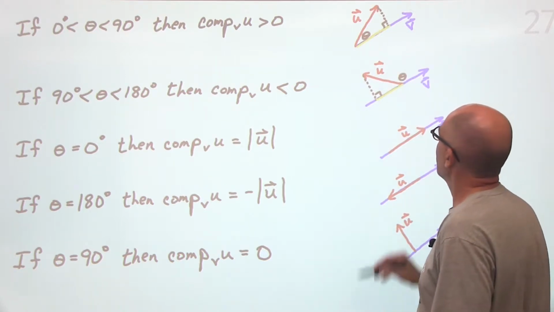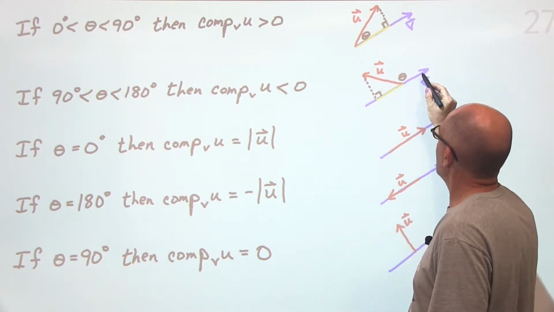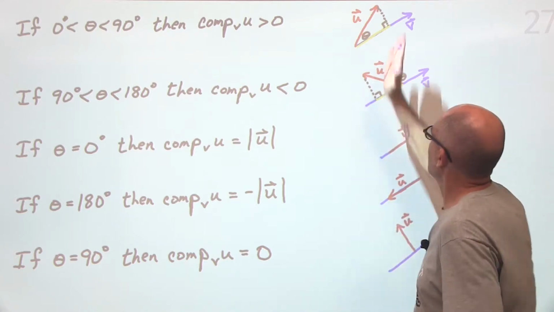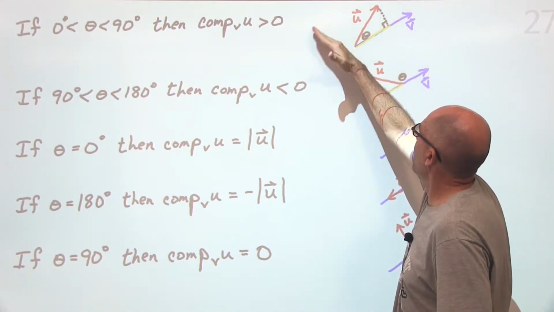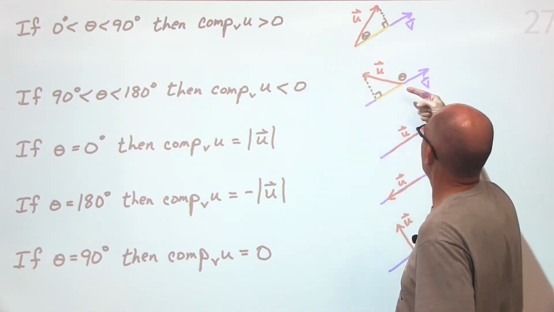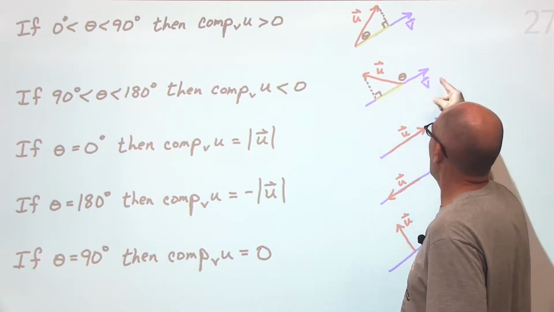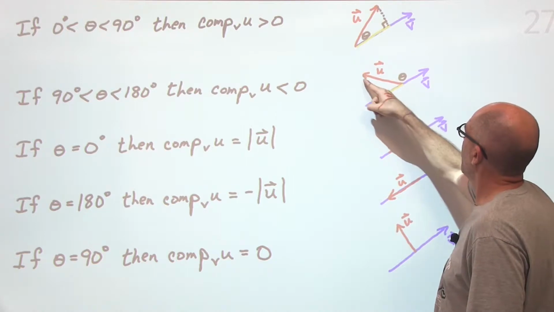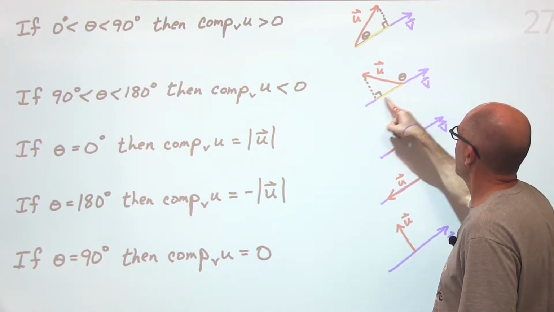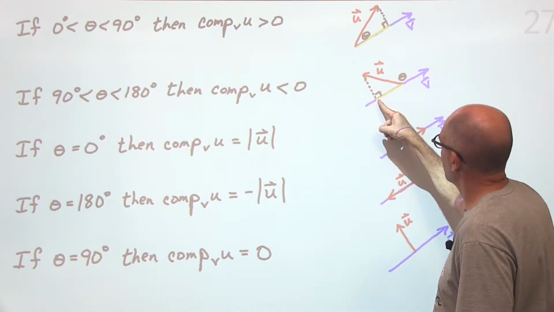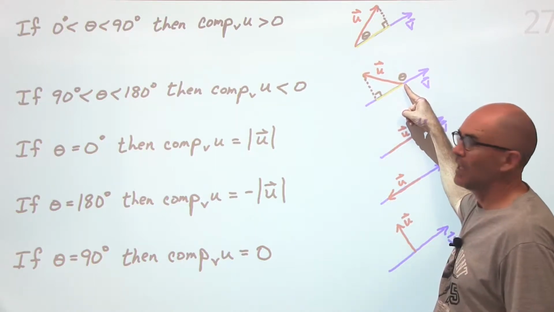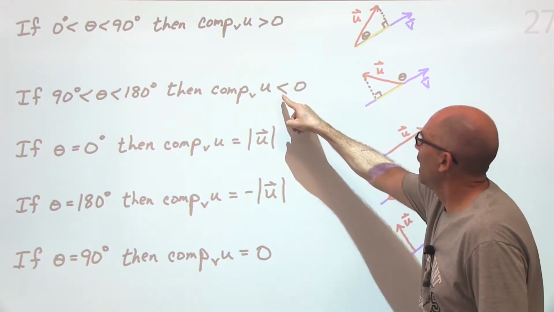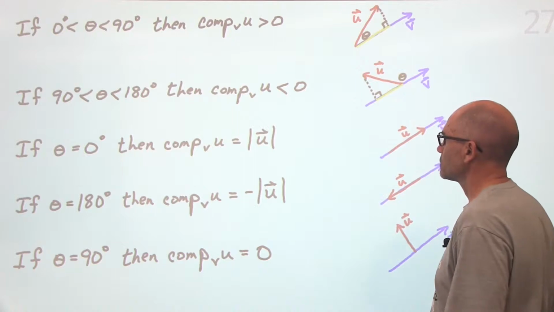Now, if theta is bigger than 90, in other words we move theta past 90, u is going the opposite direction of v. Now notice the component of u along v goes backwards from the point of intersection, so that makes it a negative value.